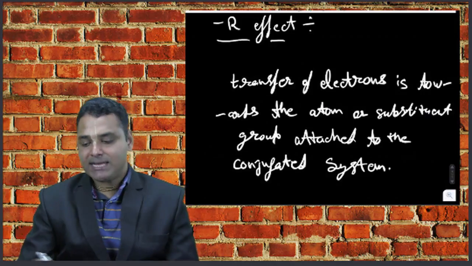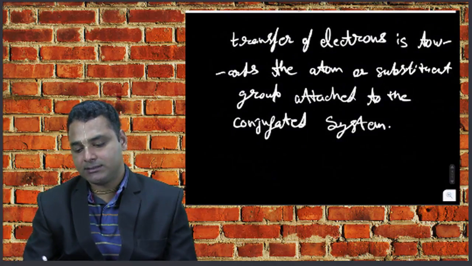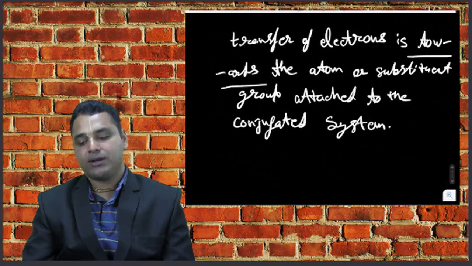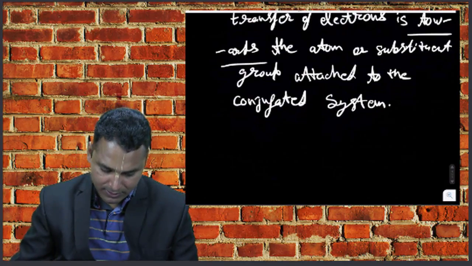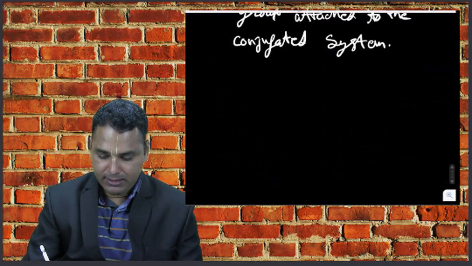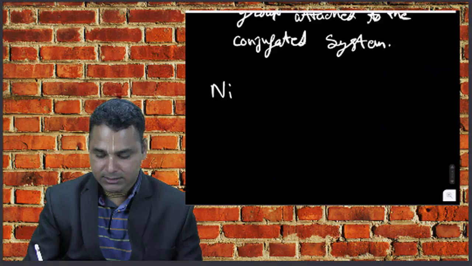So now the transfer of electrons is towards the atom or the substituent group, and we'll understand that with the help of one example. We have nitrobenzene. We'll see the shifting.